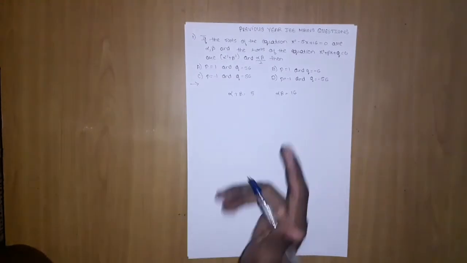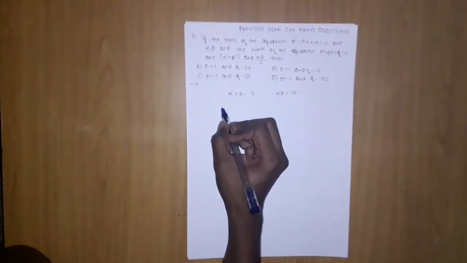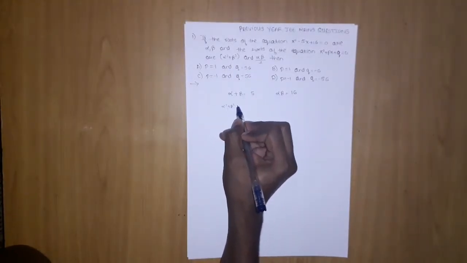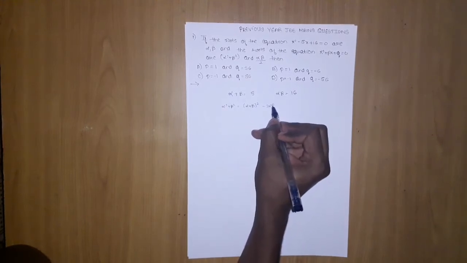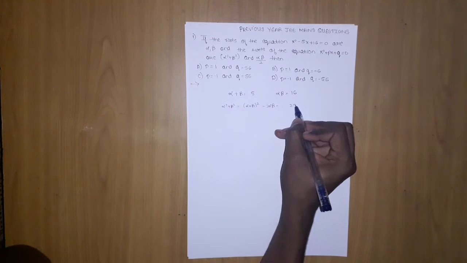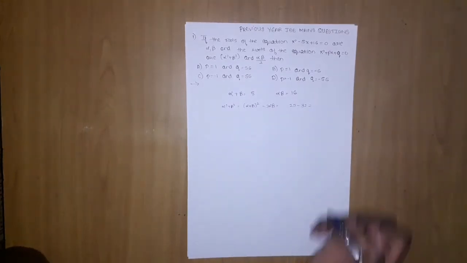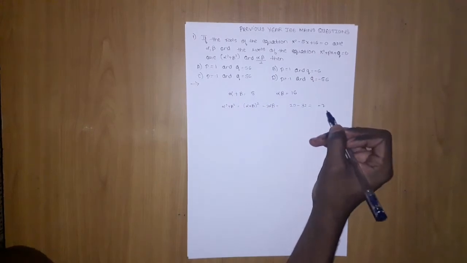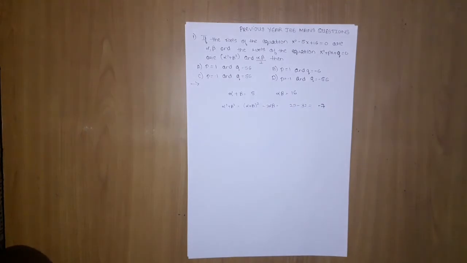Now we want to find the values of p and q, and its roots are alpha square plus beta square and alpha beta by 2. Let's find their values. The value of alpha square plus beta square will be alpha plus beta the whole square minus 2 alpha into beta. It will be 25 minus 32, which will give us minus 7, right guys?